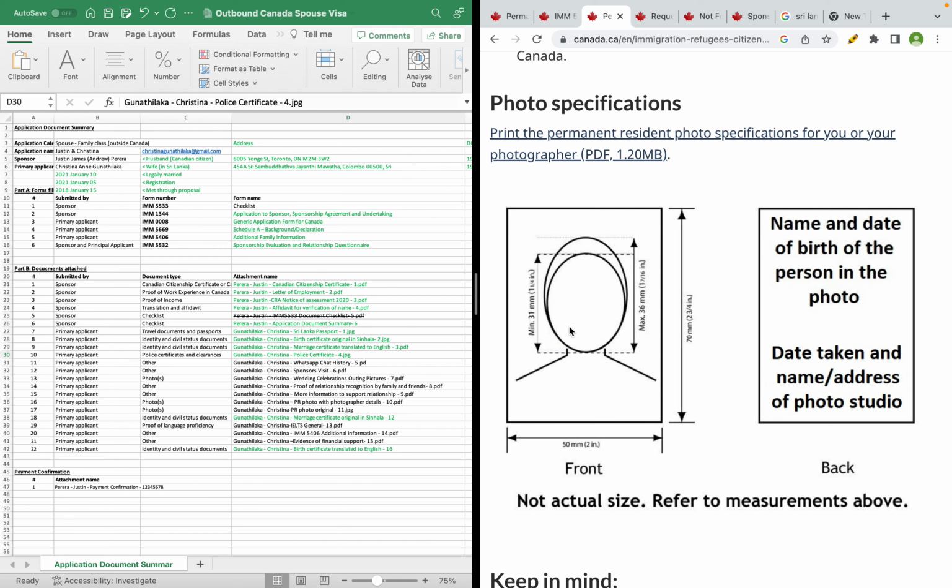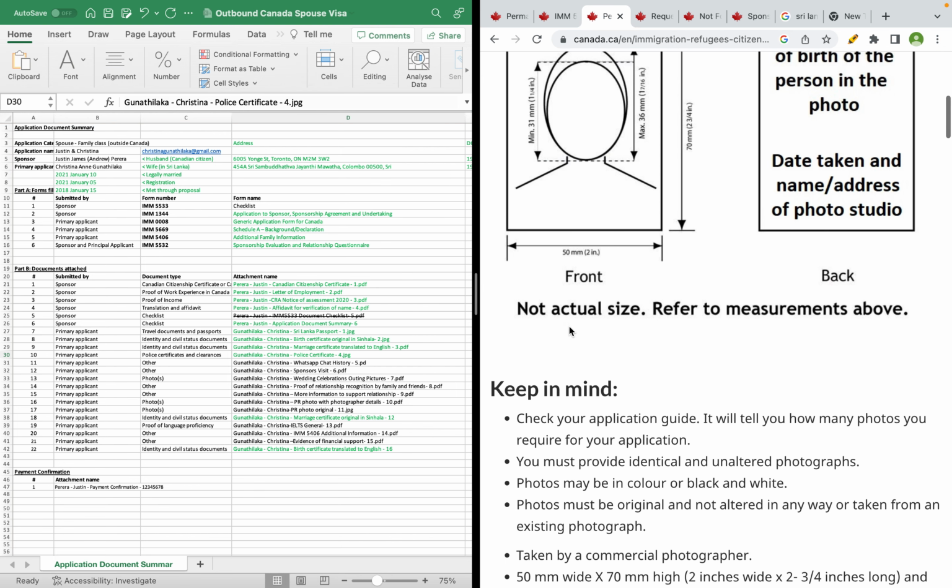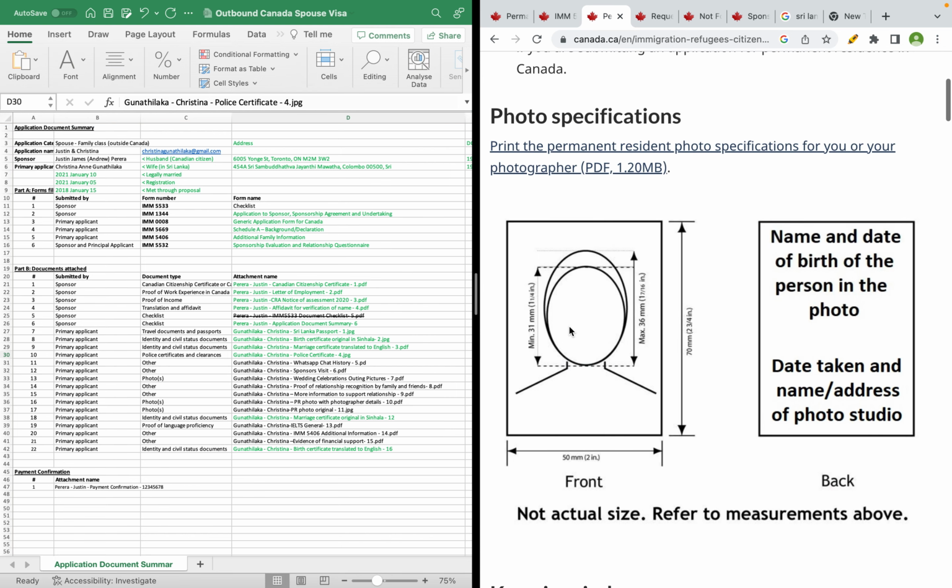They will likely give you two photographs, because you need two photographs for this. On the back of one photo, you write the name and date of birth of the primary applicant, the wife who is in Sri Lanka.